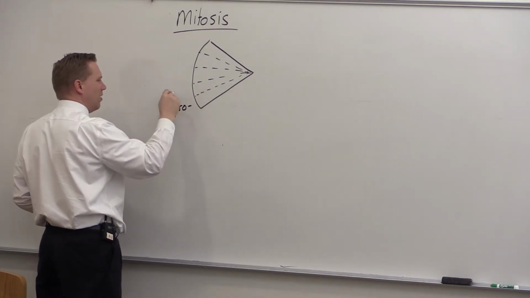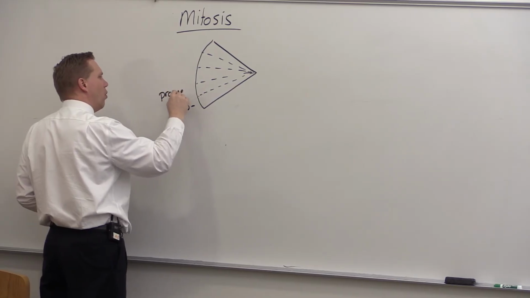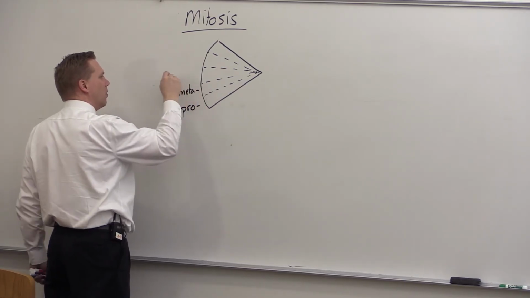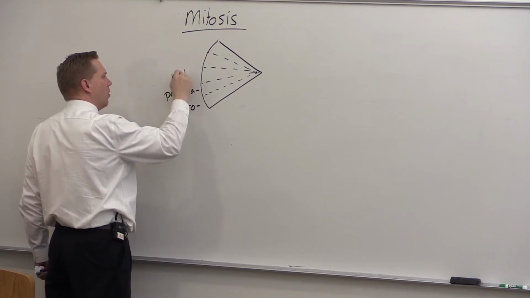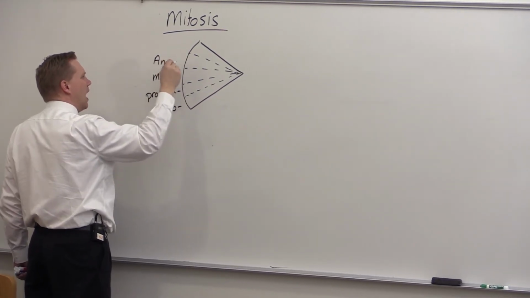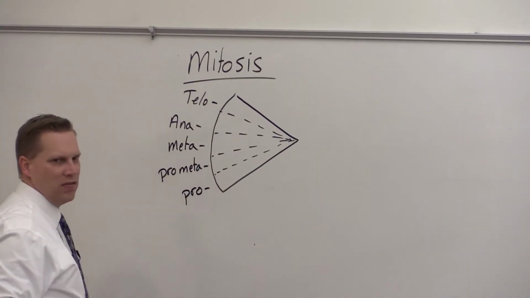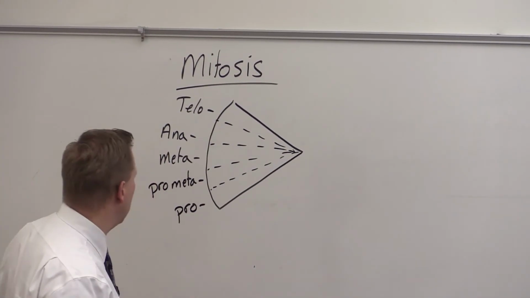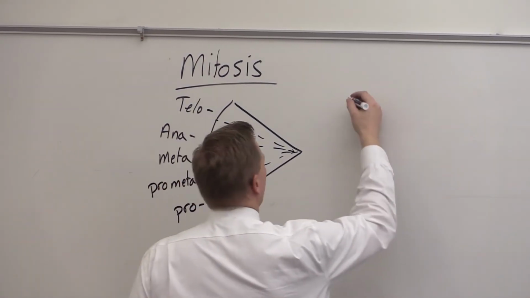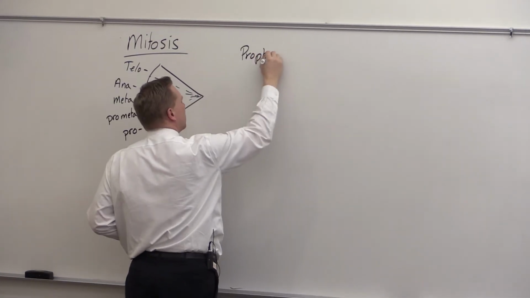They all end with phase. So we have prophase. We have prometaphase. We have metaphase, anaphase, and telophase. And we'll talk about what's happening in each one of those. So we'll start with prophase.